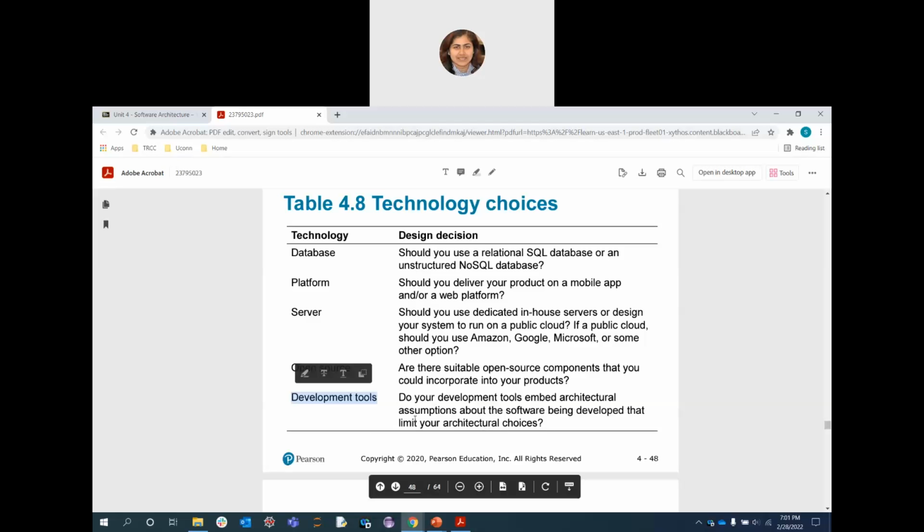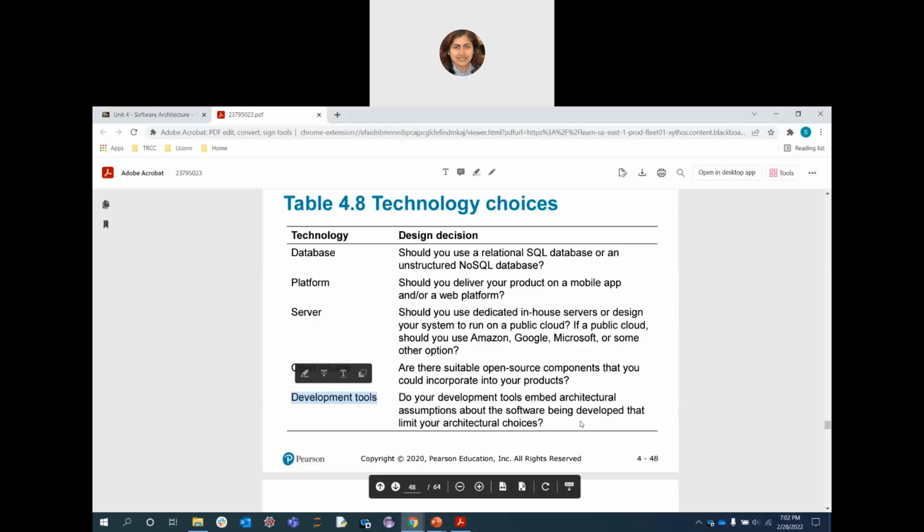These technologies have some assumptions about the system architecture, and you have to conform to these assumptions to use the development system. The development technology that you use may also have a direct influence on the system architecture. Developers usually favor architecture choices that use familiar technologies that they understand.